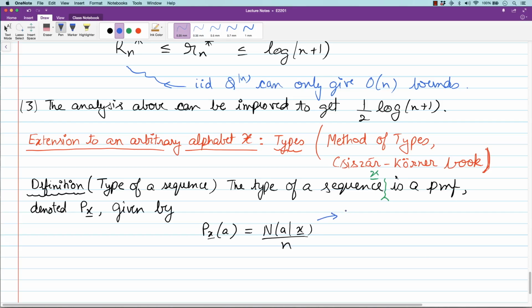It's the number of times a appears in x1 to xn. That's what this PMF is, and it is defined for all a in the alphabet X.